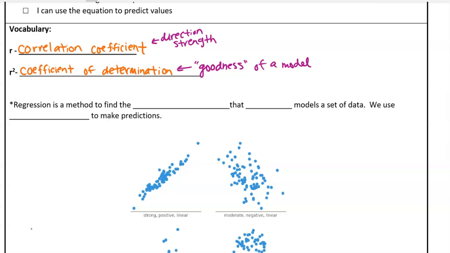So when we talk about goodness of a model and this R squared, the closer the number is to 1, the stronger the data is, and the closer the number is to 0, it's much weaker.